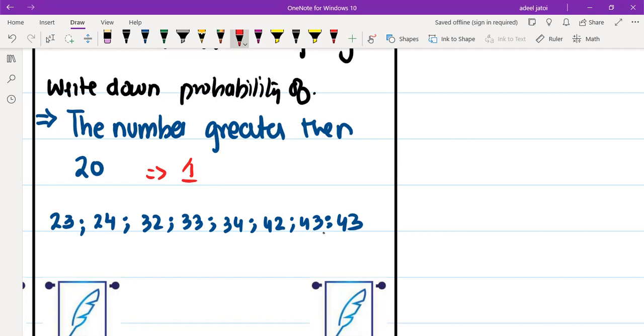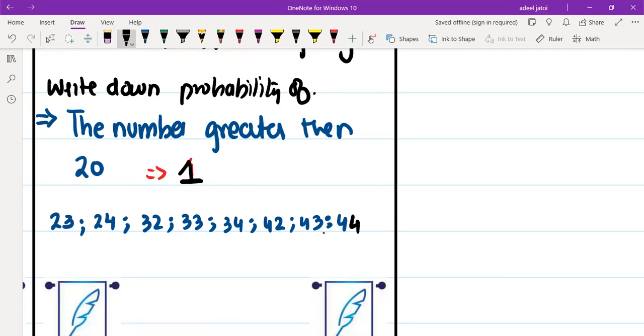The number greater than 20: you have 23, 24, 32, 33, 34, 42, 43 and 44. So that means we have all the numbers which are greater than 20. So the total probability will be what? Equal to 1.